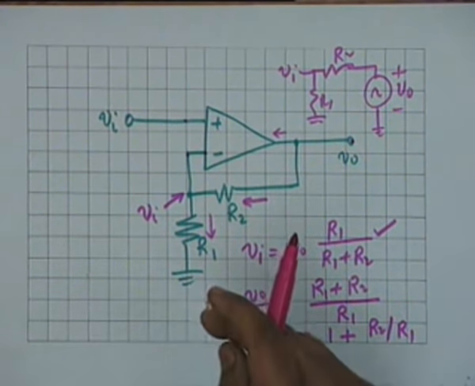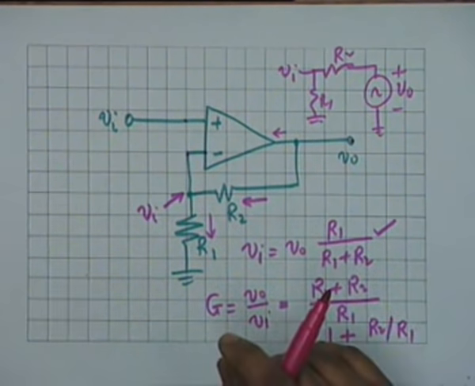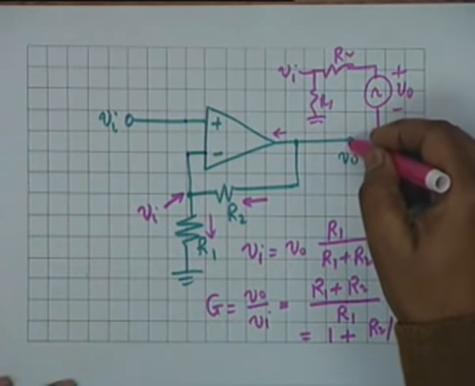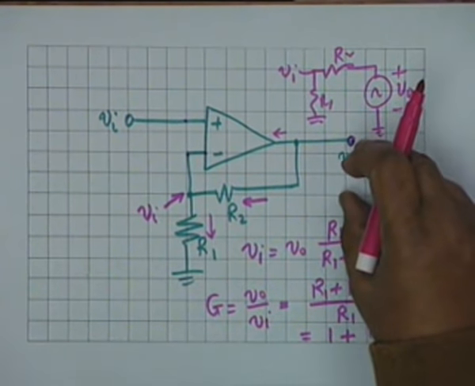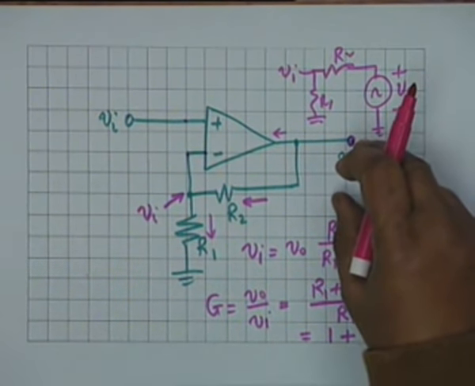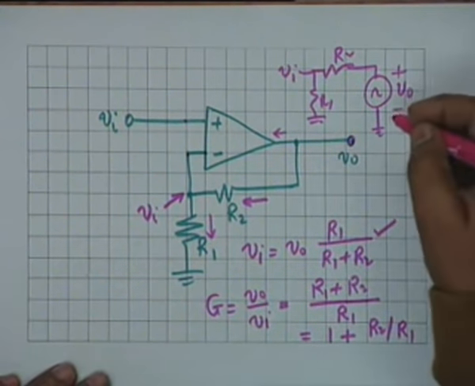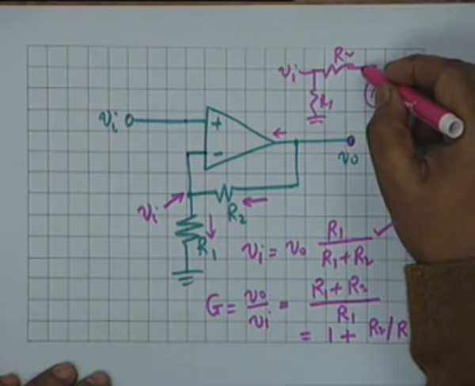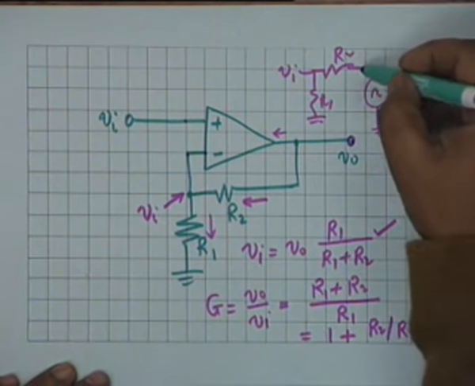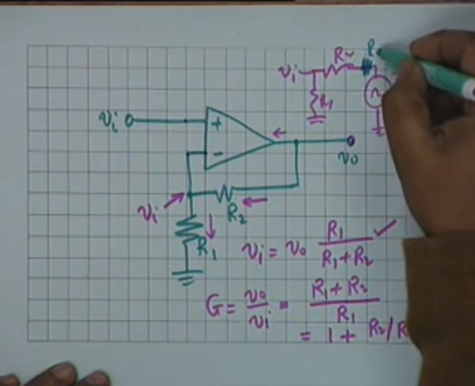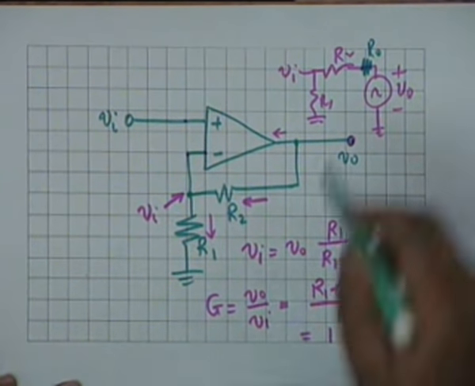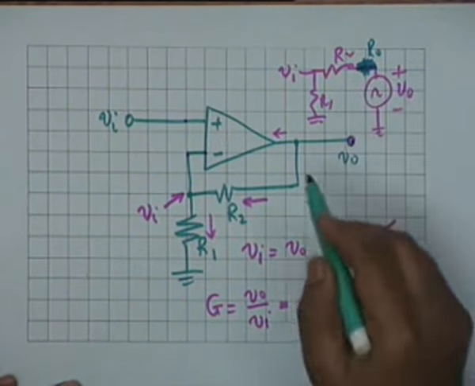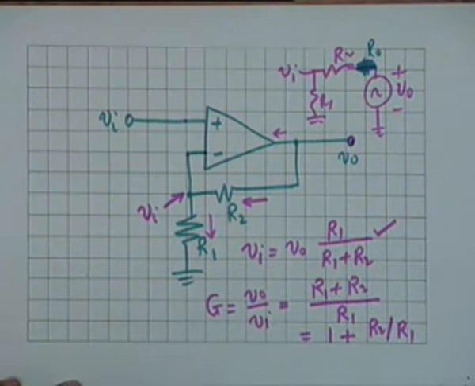The idealness is reflected in three things. One is that as far as the output of the op amp is concerned, it can be considered as an ideal voltage source. Suppose it was non-ideal, then obviously you should have included here the R0, and then this relation would not have been valid. So it assumes that the output resistance is 0.